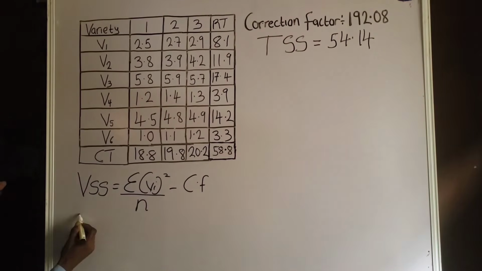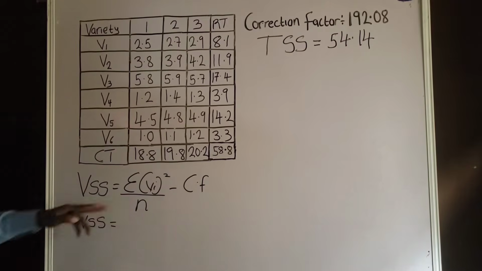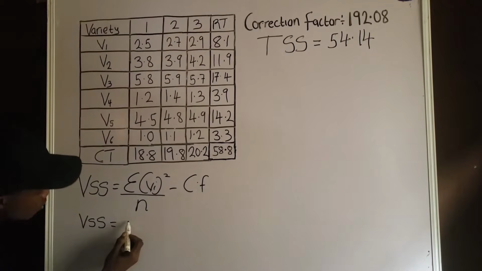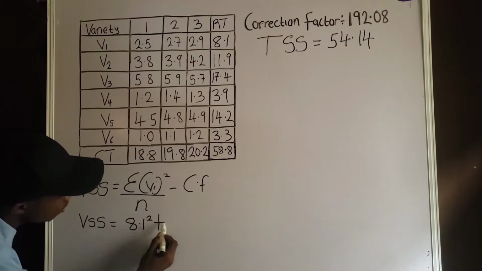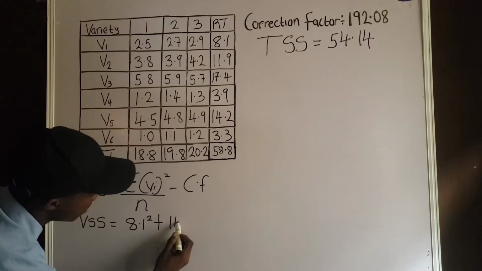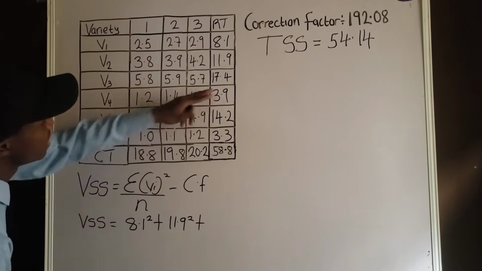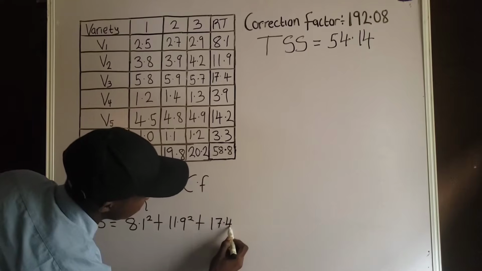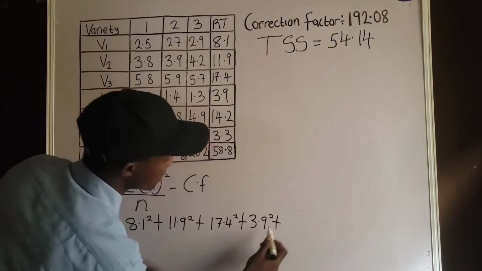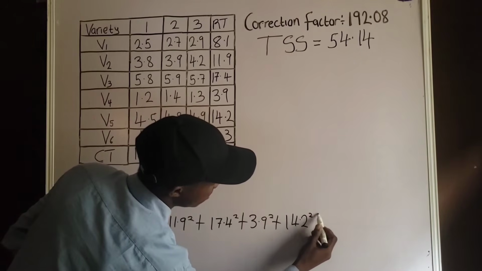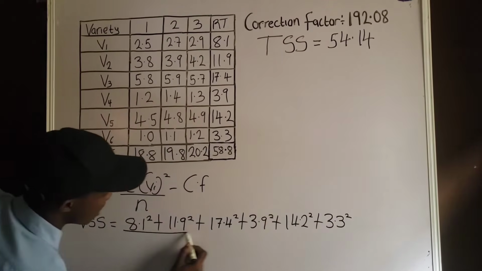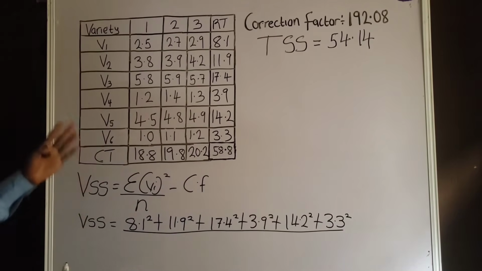192.08. So the variety sum of squares, VSS, is equal to summation Vi squared. Let's start with variety 1. The sum of variety 1 is 8.1, so I'm going to have 8.1 squared plus the sum of variety 2, 11.9 squared, plus 17.4 squared, plus 3.9 squared, plus 14.2 squared, plus 3.3 squared, all over the number of times each variety repeats.